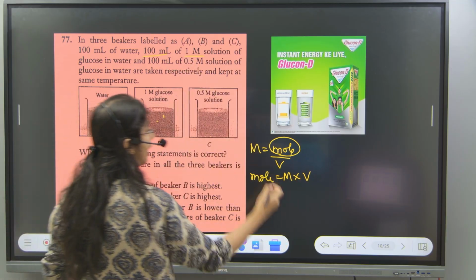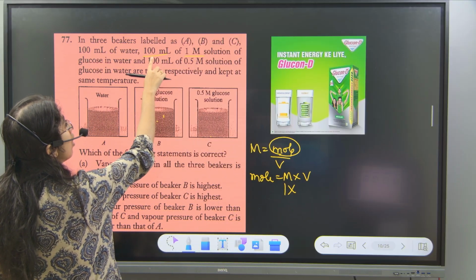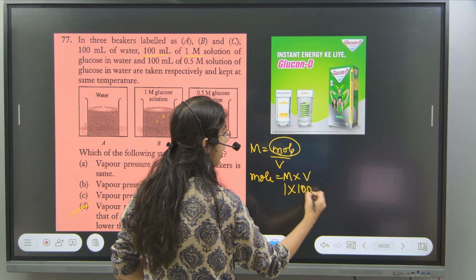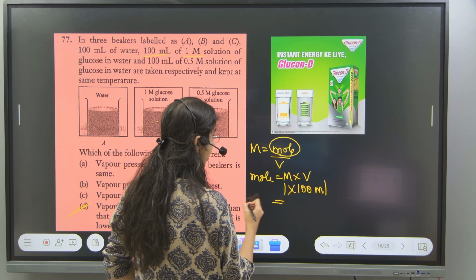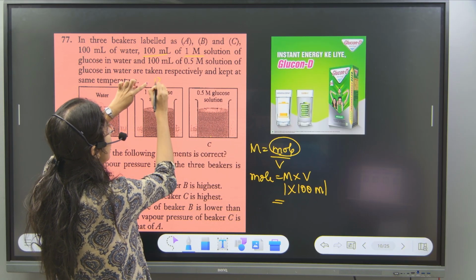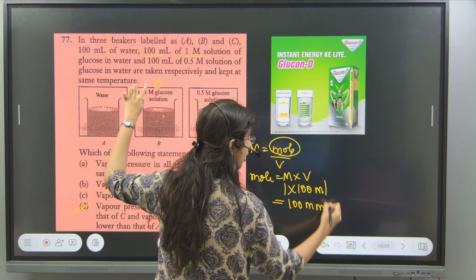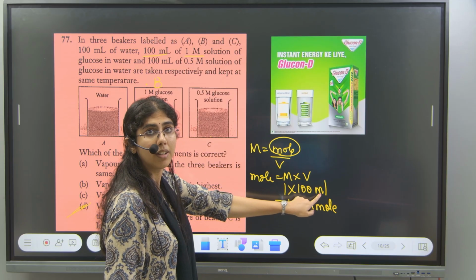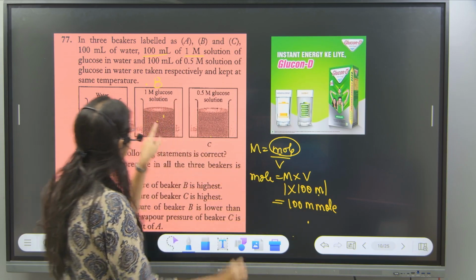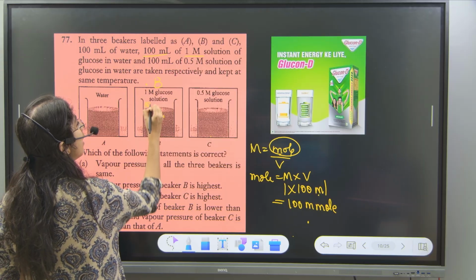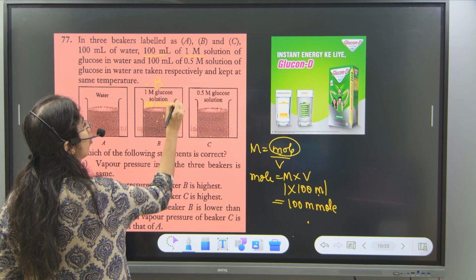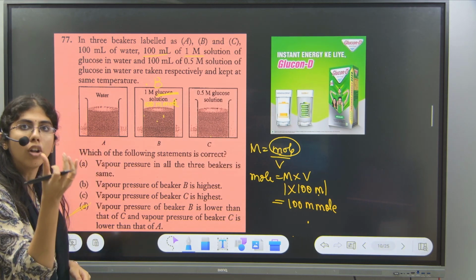Molarity is 1, volume is 100 ml. So in case of B, we have 100 millimole. Since we have taken volume in ml, the moles will be millimoles. In case of B, we have 100 millimole glucose, the solute.